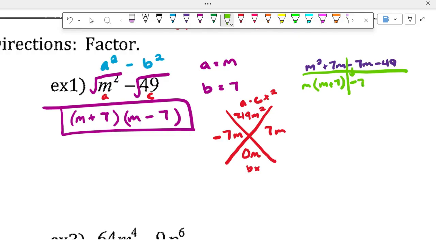Negative 7. So if I divide negative 7m by negative 7, that's positive m. Negative 49 by negative 7, that's positive 7. We did it correctly because my bubbles are the same. So one of my factors is guaranteed what? M plus 7. That goes away. What am I left with? M minus 7. Did I not get the exact same thing that I got over there?